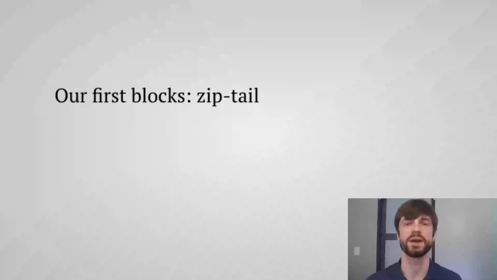So I thought it would be an excellent place to start, and that is ziptail. That is a function that takes a list and returns a new list that is comprised of each element in the original list paired with the following item in the original list. So if you had the list 1, 2, 3, ziptail would give you back a list containing the pairs 1, 2 and the pair 2, 3.